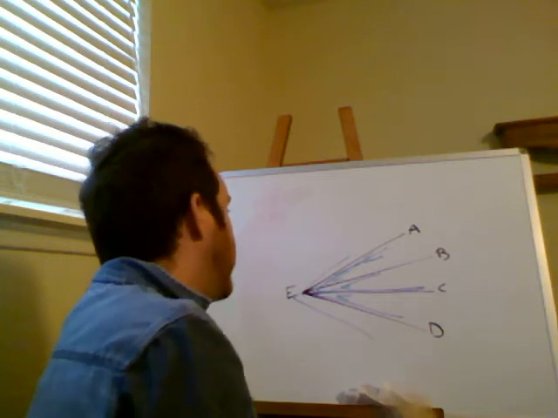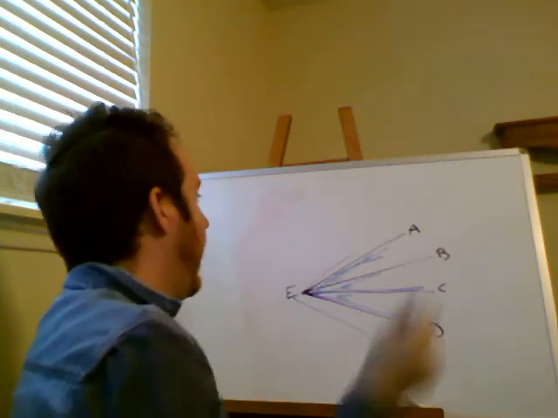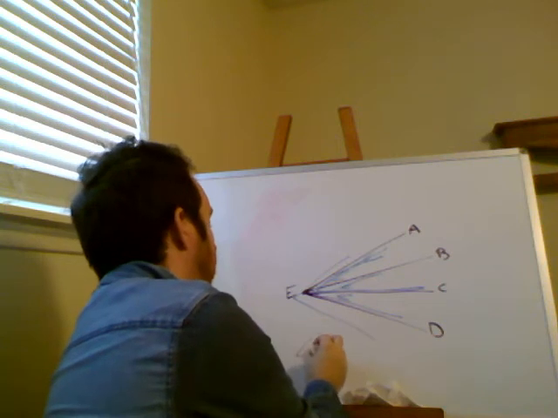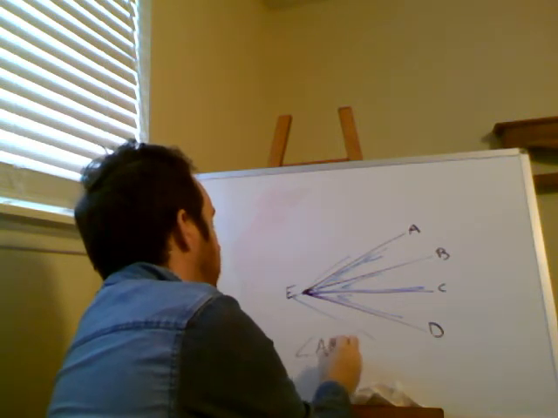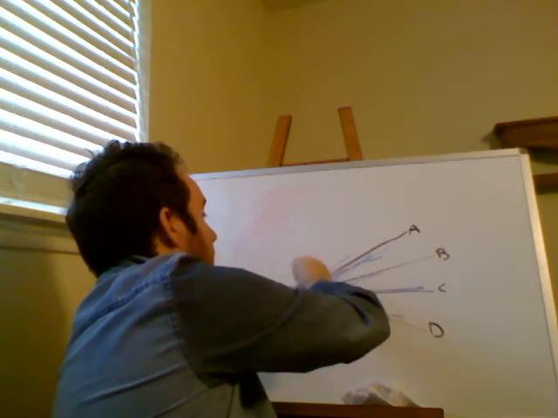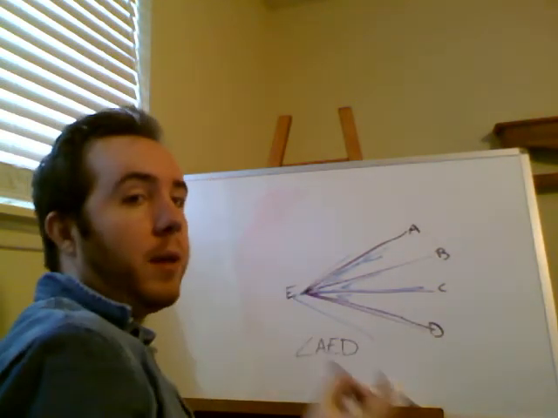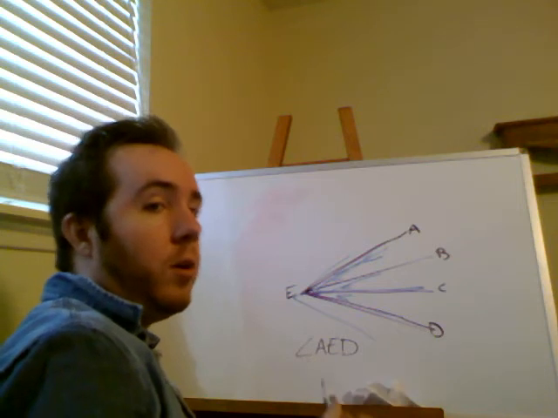If, for example, I was talking about this very big angle, I would refer to it as AED, because that's to say A to E to D. Okay? You simply call out the letters as you arrive at them.